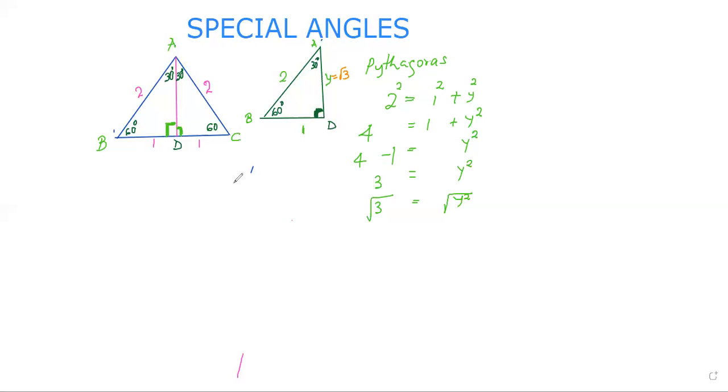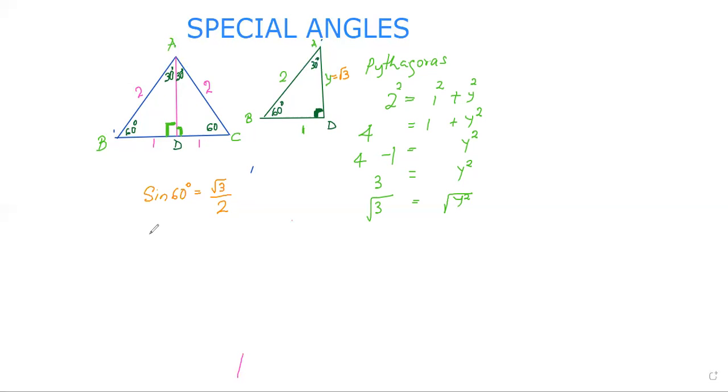Therefore, we can say the sine of 60 degrees, by definition, sine is opposite side to the angle over hypotenuse. The opposite side will give you Y, which is root 3. The hypotenuse is 2.